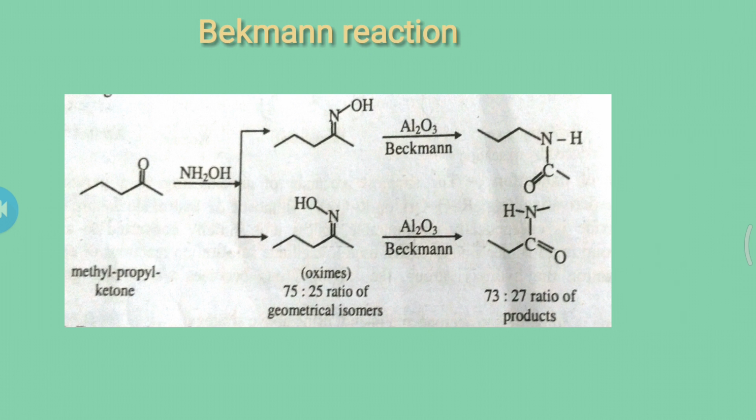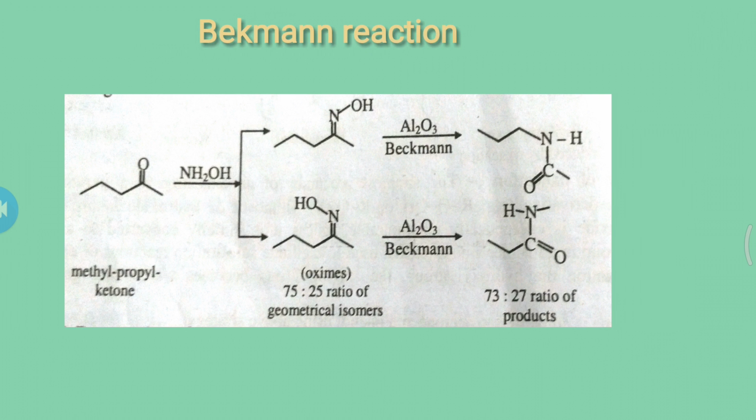Both react with aluminum oxide in the Beckmann reaction. The group trans to the hydroxyl migrates, which is more favorable, to form the amide in a 73:27 ratio.